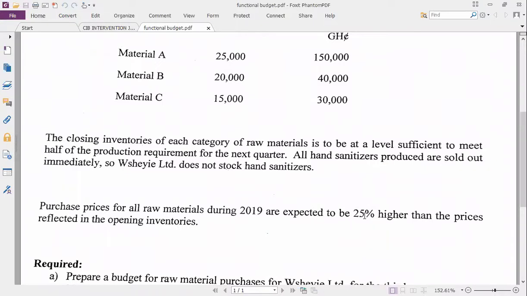So 25% higher than. So that means we should find the prices of the open inventory and increase it by 25%. That is it.